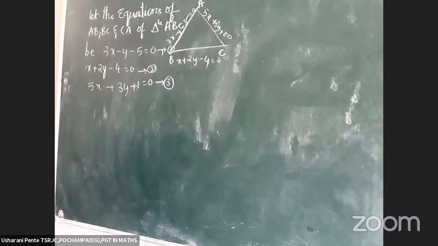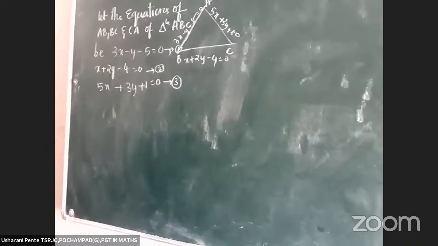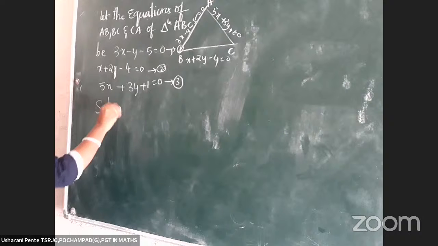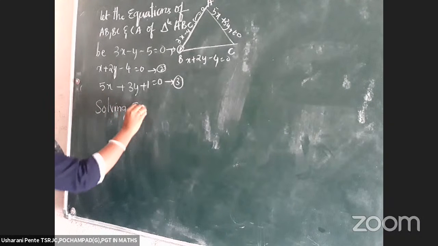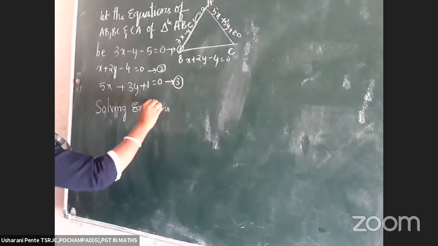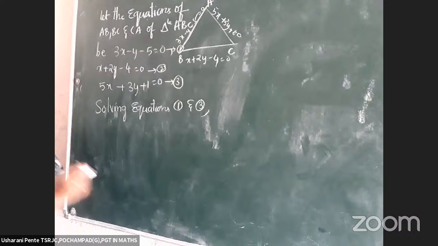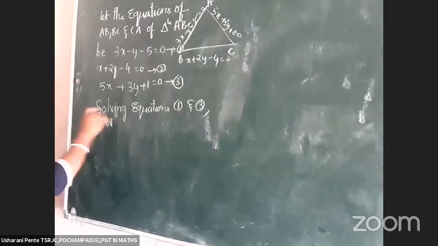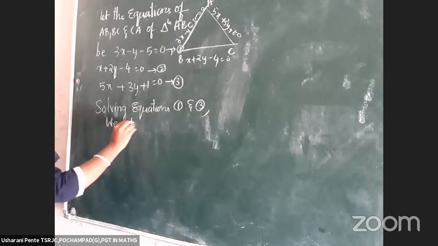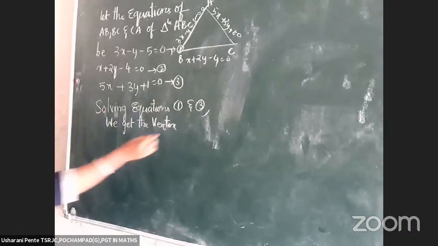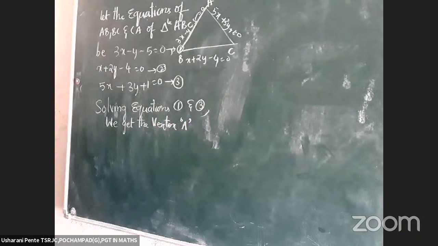If we solve equations 1 and 3, we'll get the vertex A. Therefore, we are finding x, y and 1.